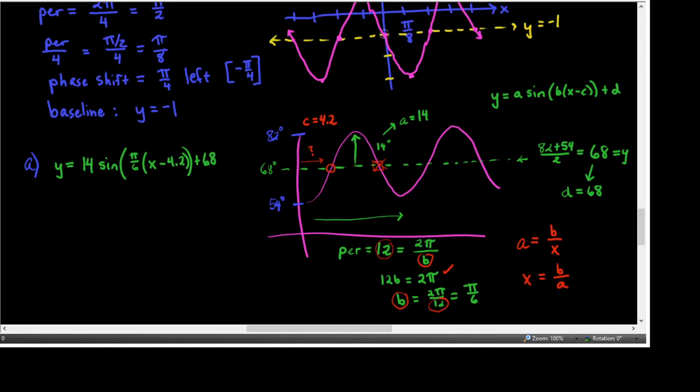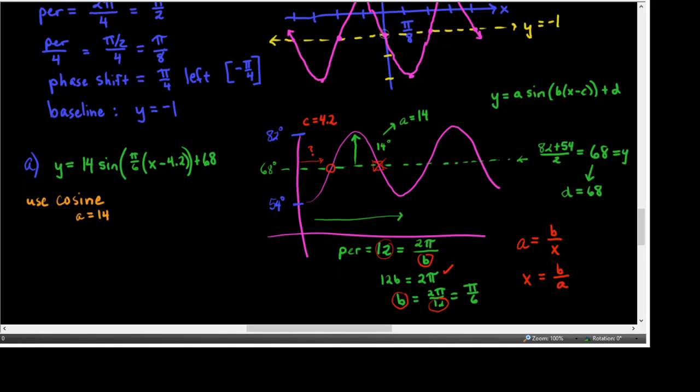So let me do that here so that you can figure out how to do this more elegantly and correctly without having to wonder, well, how did I get 4.2? Okay, so let's say we use cosine instead. The amplitude is still 14, so we're still going to use A equals 14.